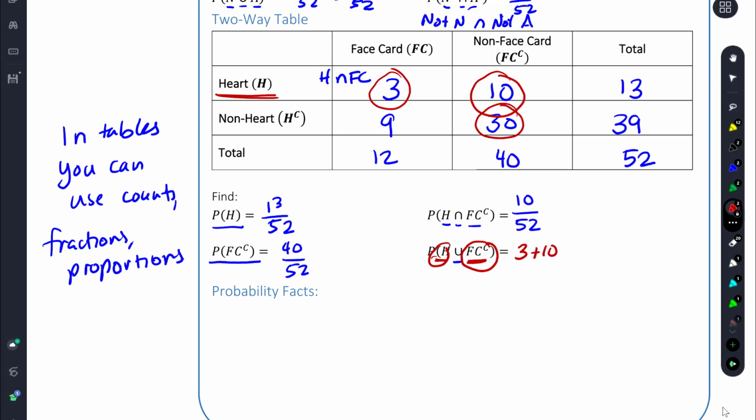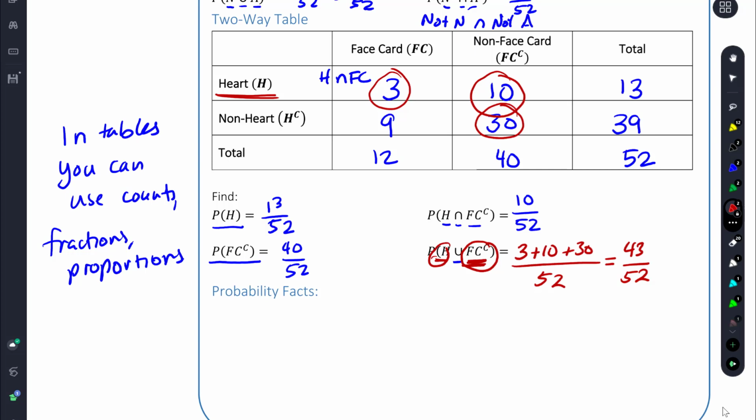The final cell that we would look at is this 30. Do those 30 meet either one of those conditions? Well, it's not a heart, but it is a non-face card, so it does get included in our total. So we have 3 plus 10 plus 30 out of 52, giving us a total of 43 cards that are hearts or non-face cards. And that, my friends, is the basics of probability.